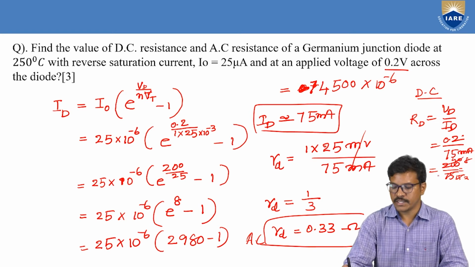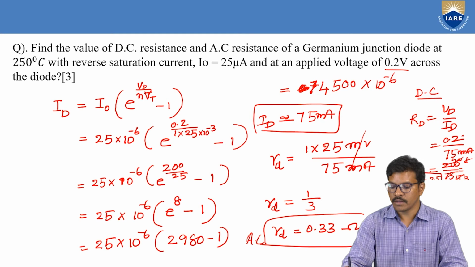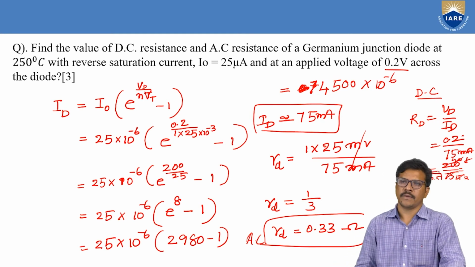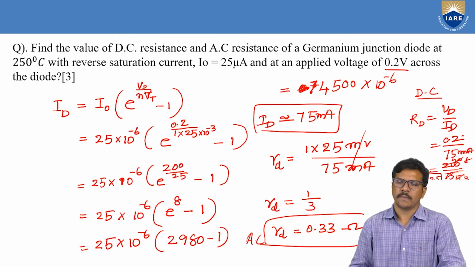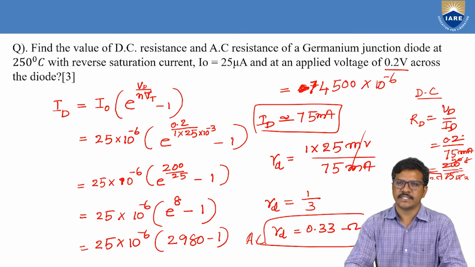So 2 point something. RD is approximately 2.5 something. So when we compare with the DC resistance, the AC resistance should be small.